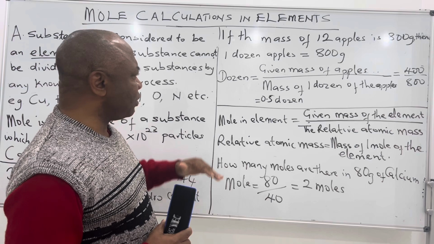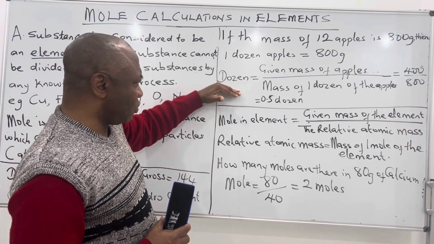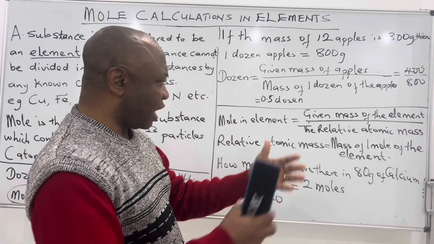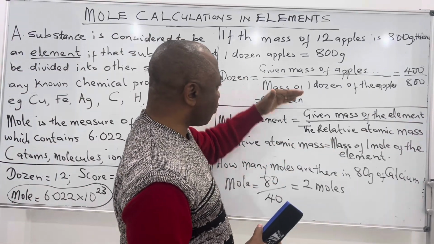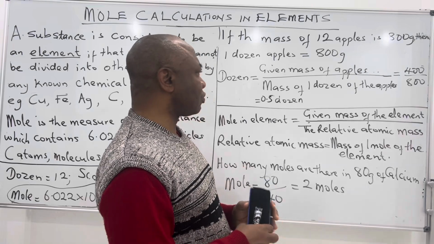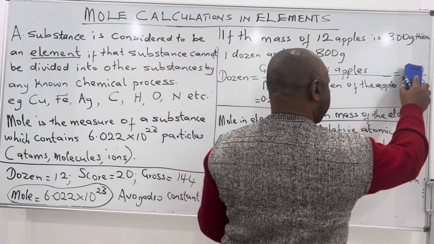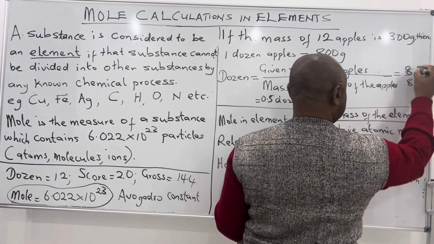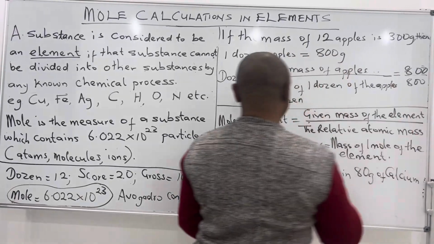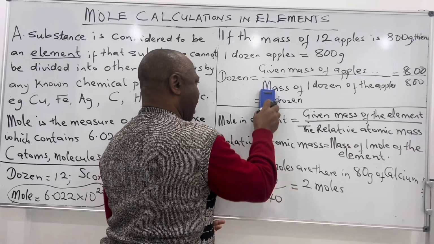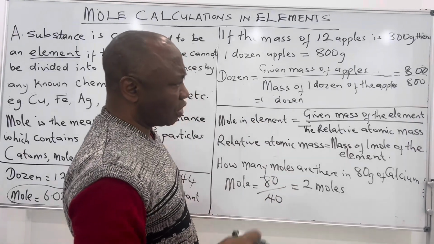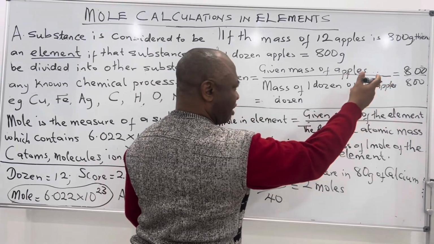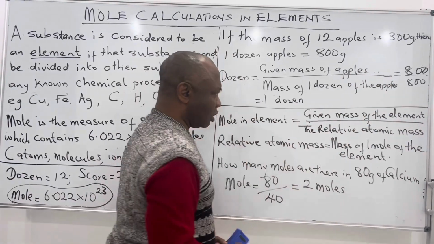And that relationship is given by this formula. We say that dozen is equal to given mass of apples divided by mass of 1 dozen of the apples. If the given mass of the apples is 800 grams, and the mass of 1 dozen of the apples is 800 grams, then 800 divided by 800 will give you 1 dozen.